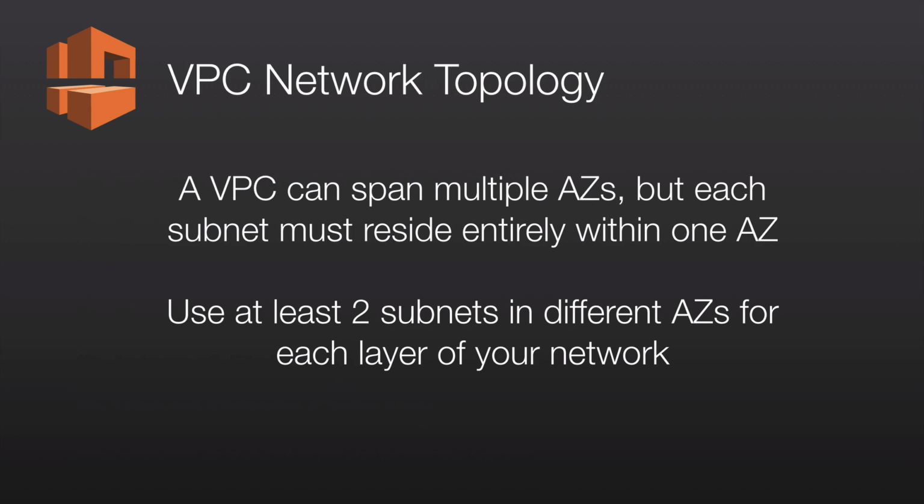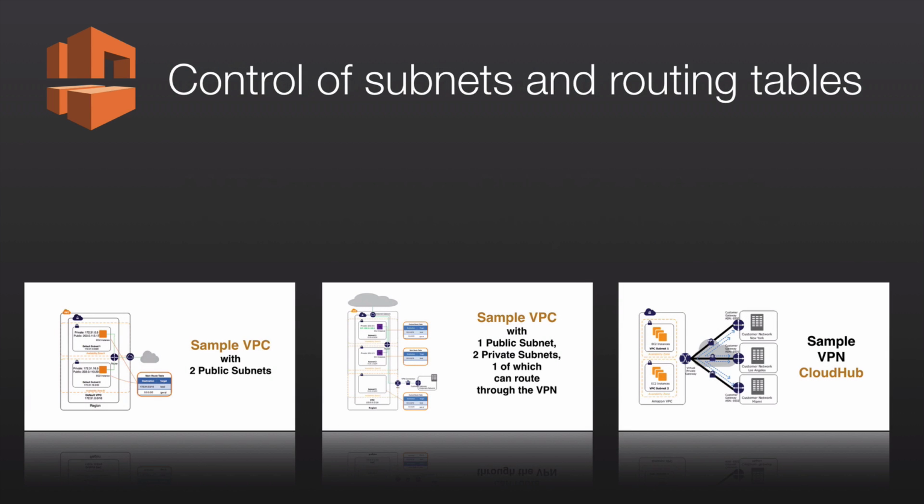VPC itself can span multiple AZs, but each subnet must reside within exactly one availability zone. So you'd use at least 2 subnets in different AZs for each layer of your network in order to build a multi-AZ architecture, enabling you to tolerate failure more effectively. You have control over subnets and routing tables, and you can lay out your network in a topology which suits your use case.